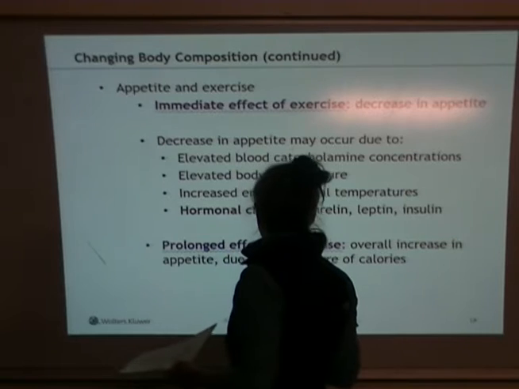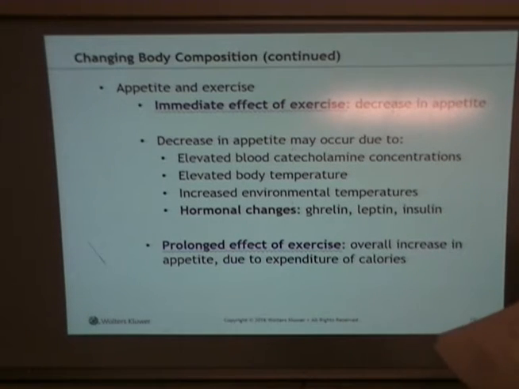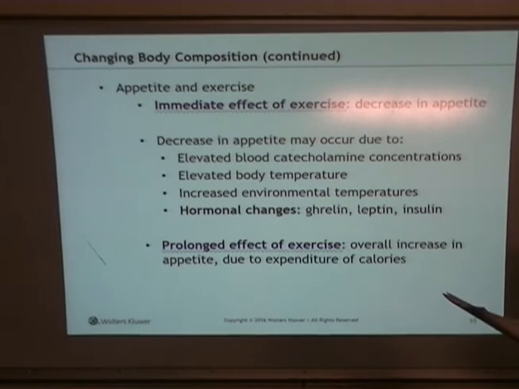There are also changes in hormones due to exercise. So ghrelin is responsible for stimulating appetite, and we see a bit of a depression in ghrelin. Leptin is responsible for suppressing appetite, and we see a bit of a raise in leptin.